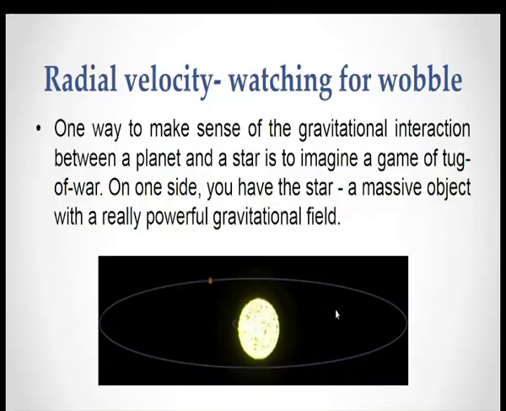In this radial velocity concept, watching for the wobble of the star is used. That means when an exoplanet is rotating around the star, gravitational force will be there between the star and the exoplanet. If this exoplanet is very small compared to the size of the star, then the gravitational pull by the star will be larger than the gravitational pull by the exoplanet.